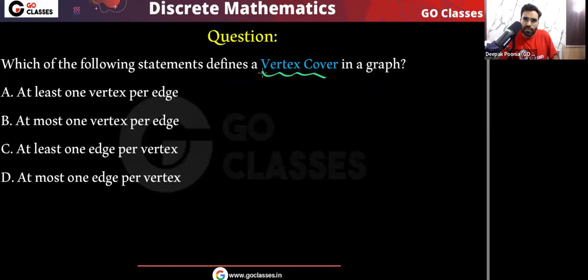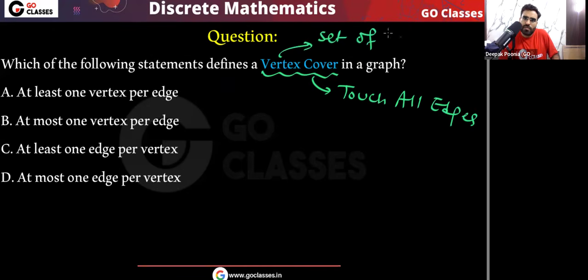What vertex cover simply means is that it will cover all the edges. It will touch all the edges. Okay, vertex cover is a set of vertices that will touch all the edges.